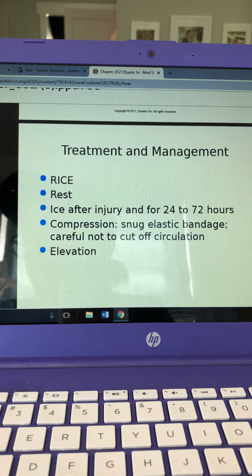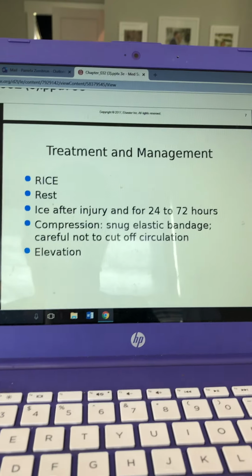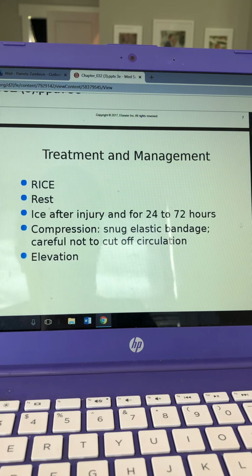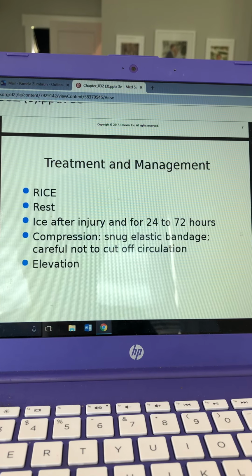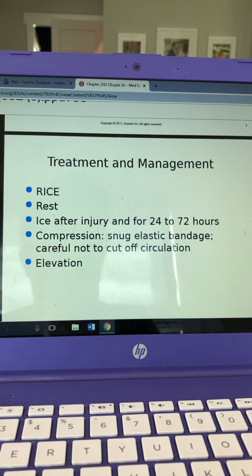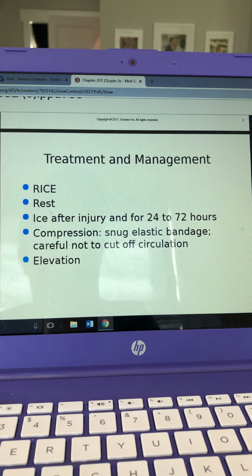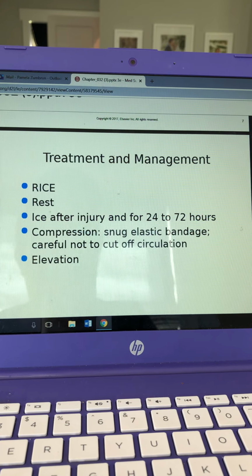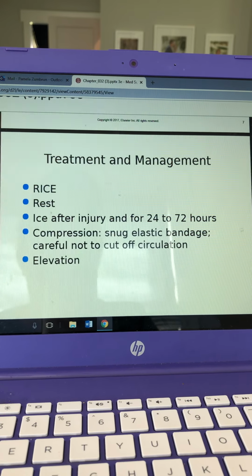And this can go on for 48 hours. Your PowerPoint here says 24 to 72 hours after the injury. If it's 48 hours after and it's still quite swollen, the bruising is still continuing, the pain is still very much there, then go ahead and continue the ice for the next 24 hours.